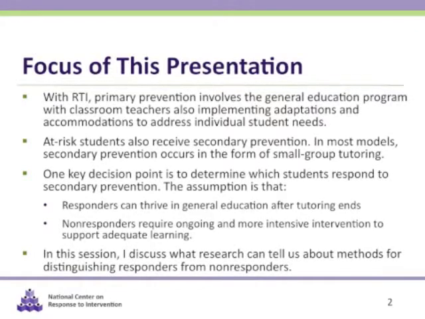And we also want to be as sure as possible that the students who are designated as non-responders in fact do really require ongoing and more intensive intervention to support their adequate learning. In this webinar, I'm going to discuss what research can tell us about methods for distinguishing responders from non-responders.